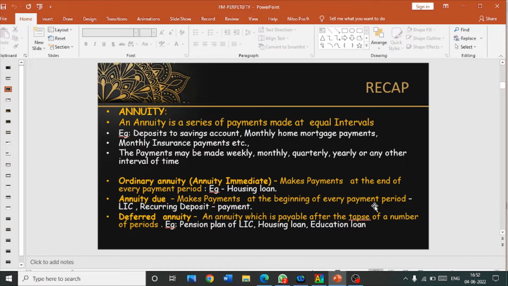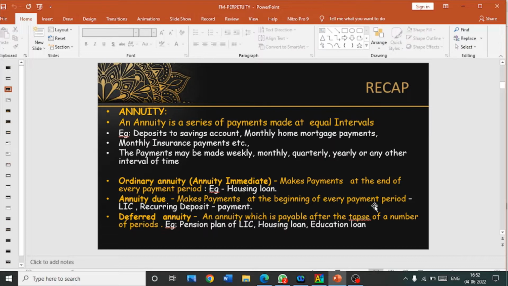But annuity due is like an education loan or LIC health premium you are paying. These payments, the deposits, we will be paying at the beginning of the month. Such payments are called annuity due. So ordinary annuity is the very common annuity which we pay at the end of the month. Annuity due is the special annuity which we pay at the beginning of the month.